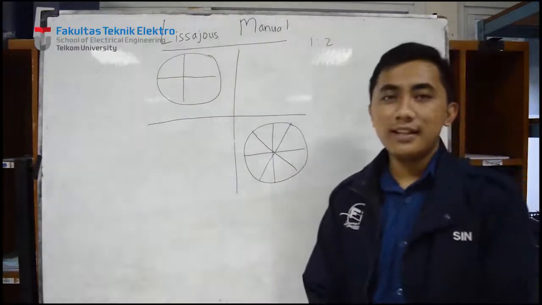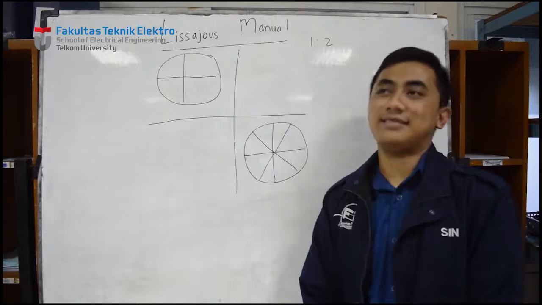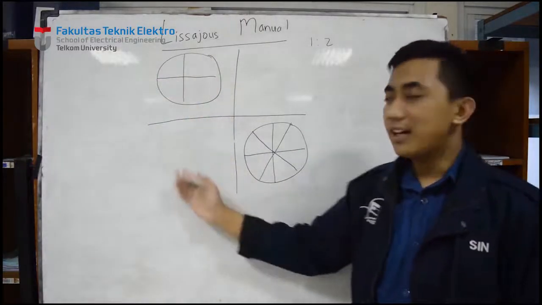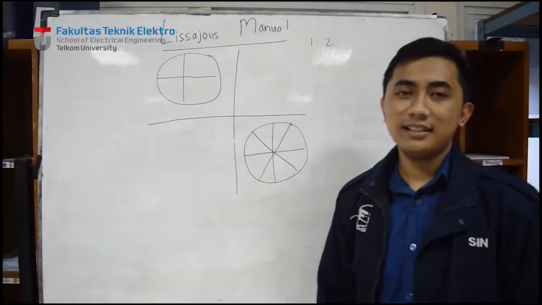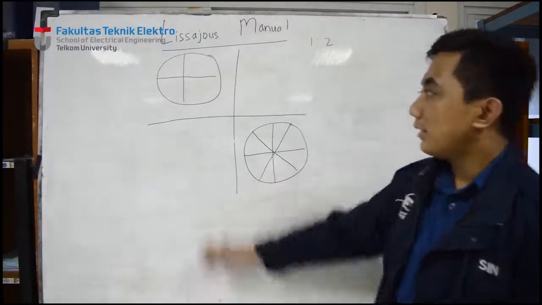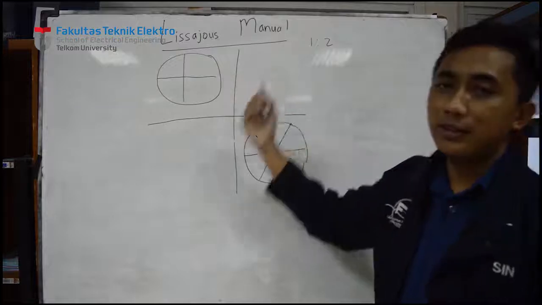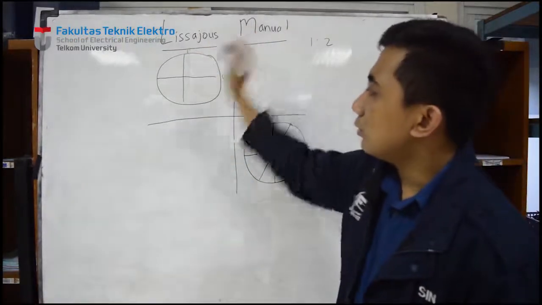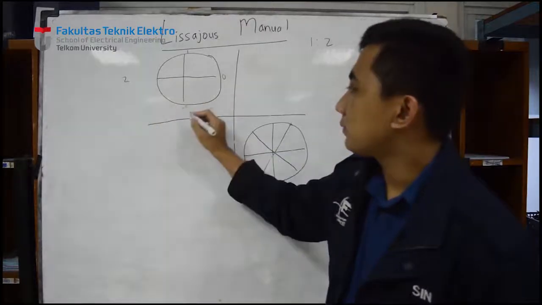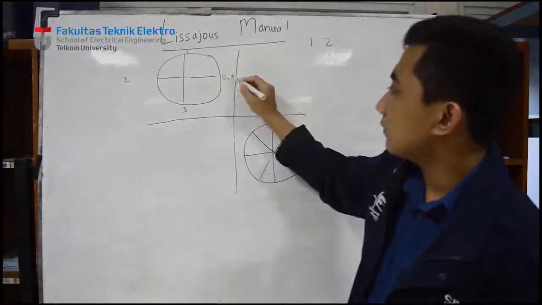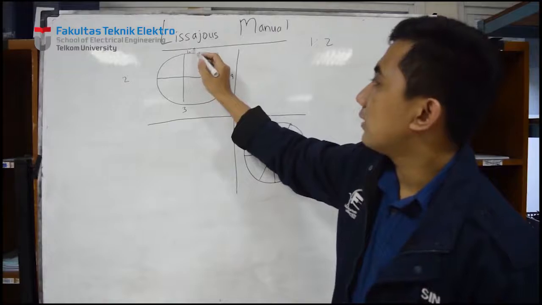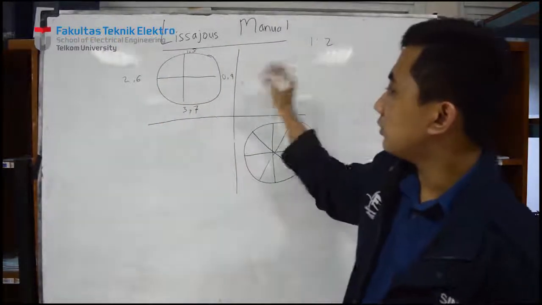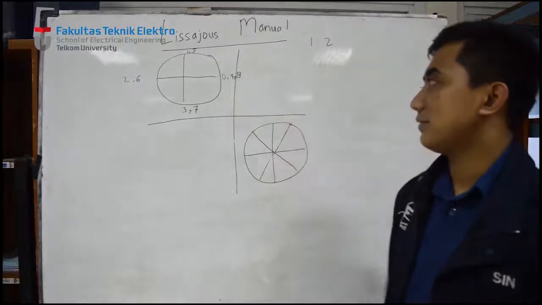And we have to give the number in the line. In quadrant 2 is counterclockwise. In quadrant 4 is clockwise. We give the number start with 0. 0, 1, 2, 3, 4, 5, 6, 7, and 8.